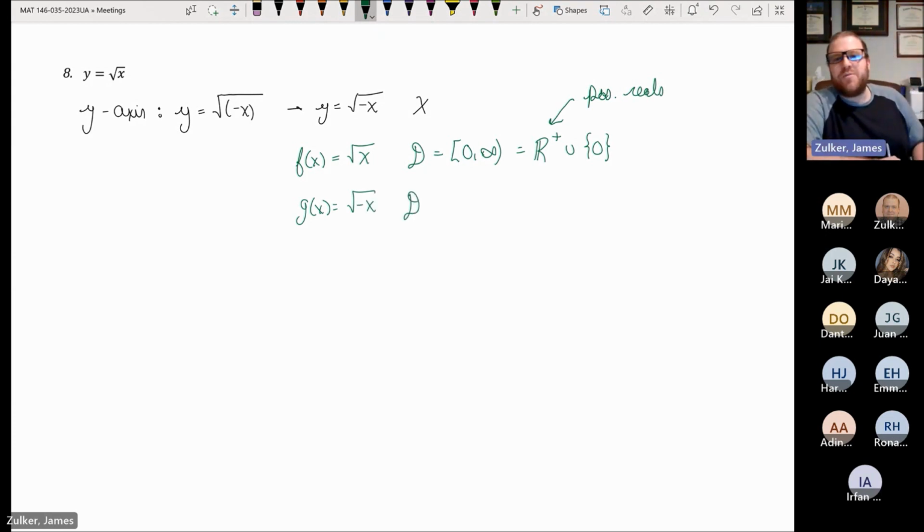If g of x is square root of negative x, what's the domain? Just less than? Still can be 0, right? Square root of negative 0 is still 0.